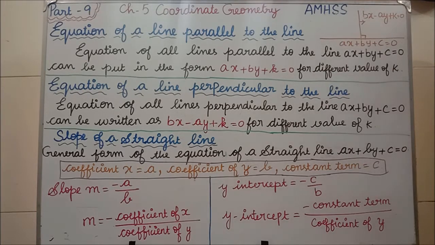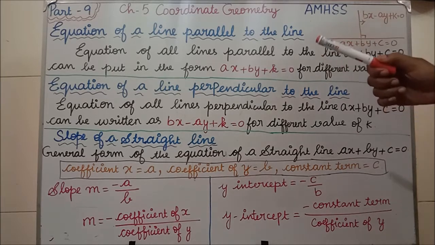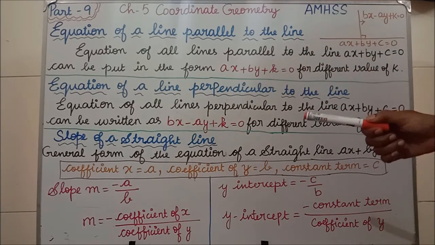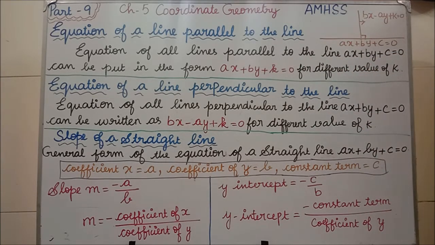Next concept we are going to learn is slope of a straight line. Here they have given you a straight line. This is a straight line formula, ax plus by plus c equal to 0. In this format, if they are giving one equation and asking you to find the slope, how do we find this? Slope m is equal to minus a by b. That is the formula.